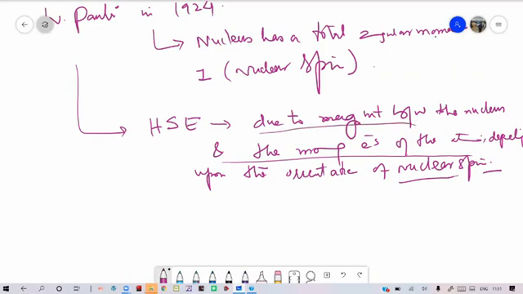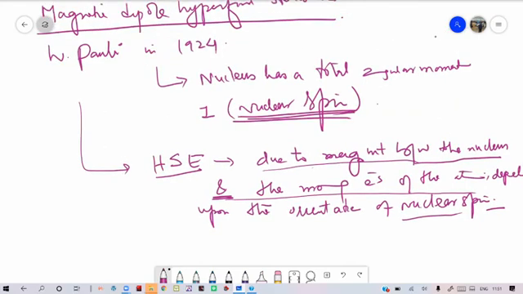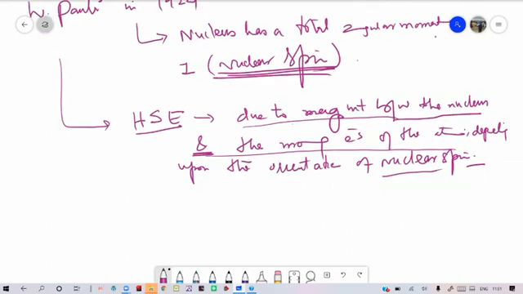So hyperfine structure effects arise due to the magnetic interaction between the nucleus, because the nucleus has a spin and magnetic moment, and the moving electrons of the atom. This interaction, its magnitude, will be determined by the orientation of the nuclear spin, the net total spin.